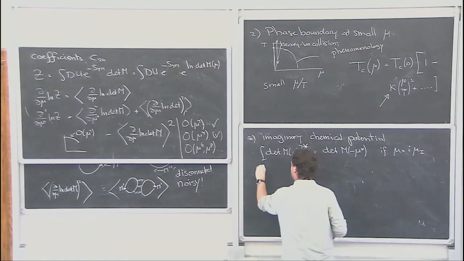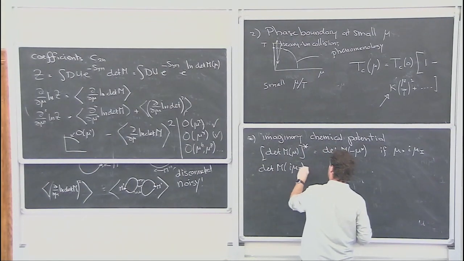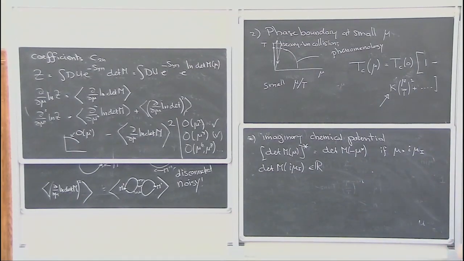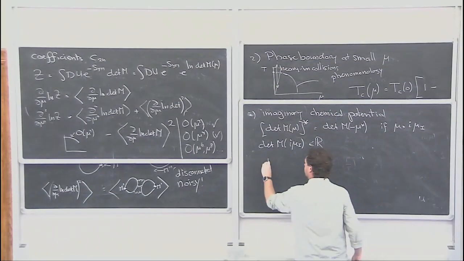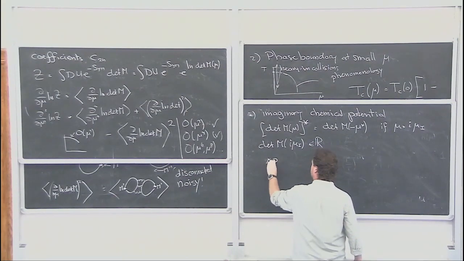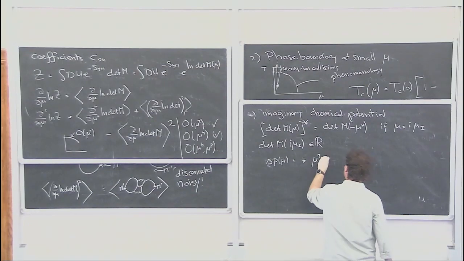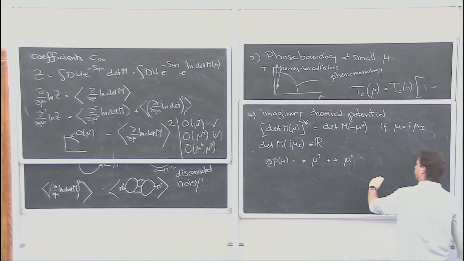So the determinant of M at i times mu_I is real, and so you can do simulations at imaginary chemical potential. Now, why would you want to do that, you may ask? What does imaginary chemical potential mean? But what I've just erased, actually, and also related to your question, the pressure, as we said, as a function of mu, was an even function of mu squared. So a function of mu squared, an even function of mu.